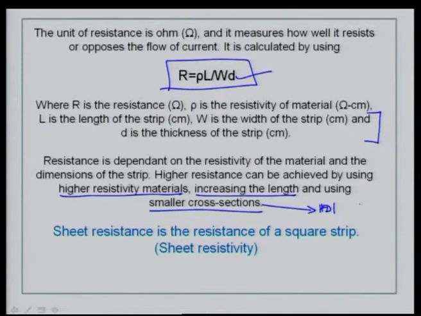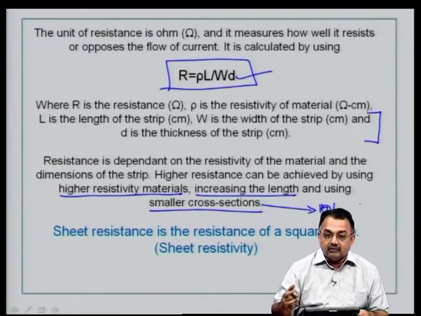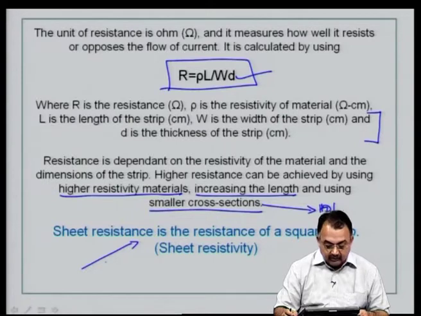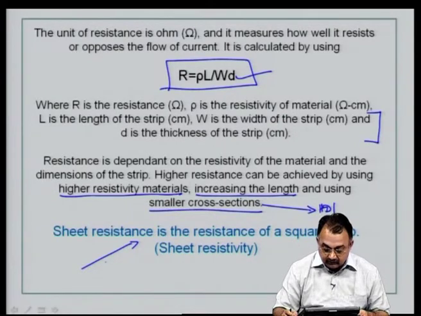So, key to amalgamating this process with HDI will be to define, using photolithography, smaller cross sections of your resistor material. And then finally, the takeaway from this slide would be to know what sheet resistance is. Sheet resistance is the resistance of a square strip.